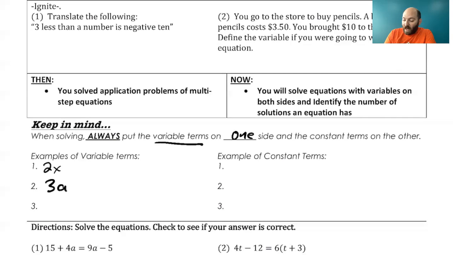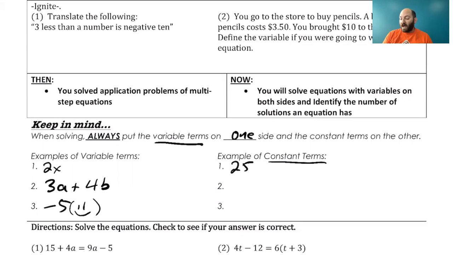I might do 3a plus 4b. Those are variable terms. Maybe I do a smiley face, or a frowny face, or whatever. Bottom line is we are representing numbers with these variables. Constant terms are numbers.